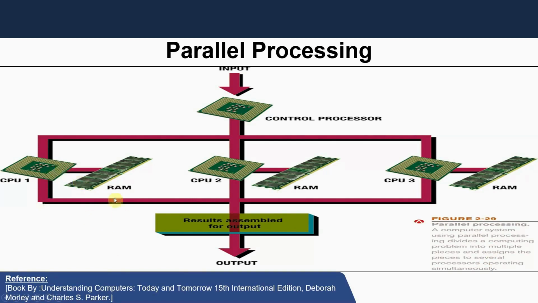So a part of the RAM can be utilized by CPU 1, a part by CPU 2, and the remaining part by CPU 3. By using parallel processing, an instruction that requires 3 machine cycles can be performed in a single machine cycle. So the speed is enhanced 3 times, in this example.